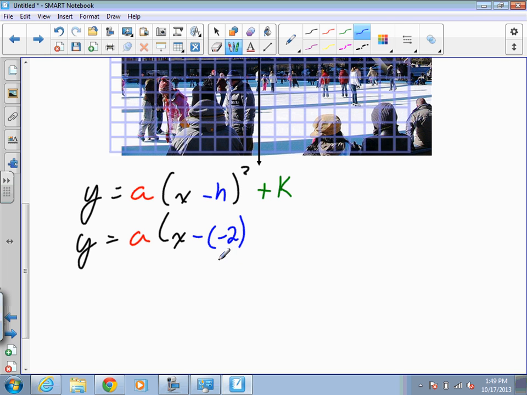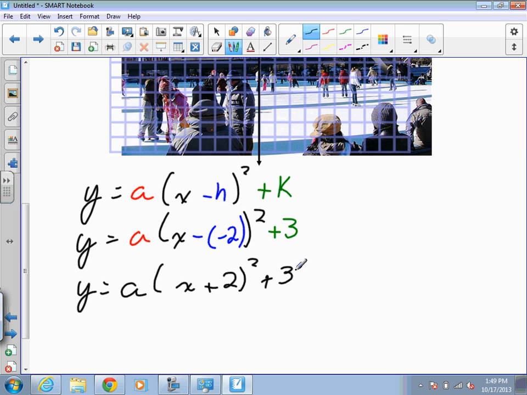It's minus -2, which is very important, hence why we end up getting our opposite sign. So remember, our h values were always opposite. What did the two negatives become? That's right, +2. And that's why +2 inside vertex form is going to the left 2 units, okay? And then we have our +3.